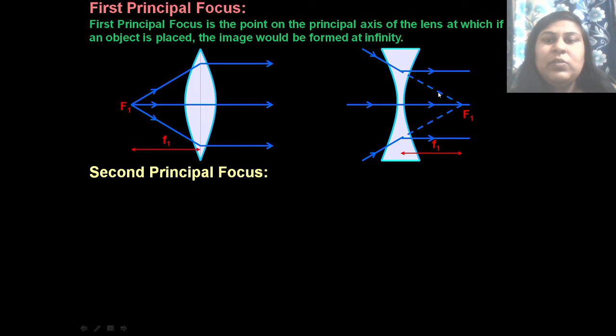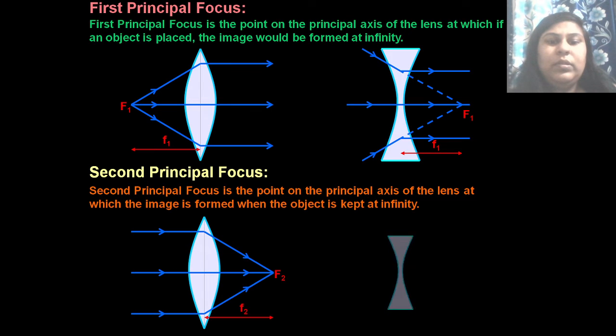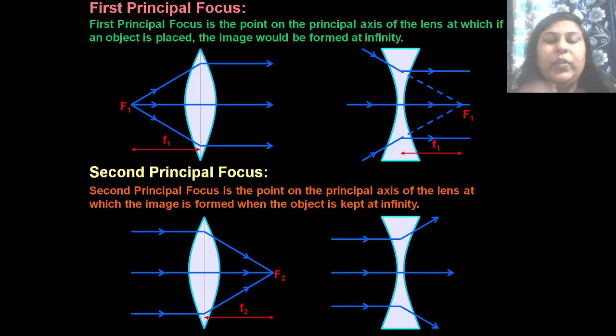You can see here also these light rays look like they are coming from the focus, but actually they are coming from this point, and they go parallel to the principal axis, and this is known as the principal focus 1. Second principal focus. When the light rays are parallel to the principal axis and pass through the lens, they meet at a point f2 on the second side.